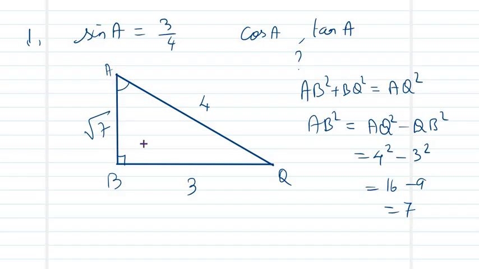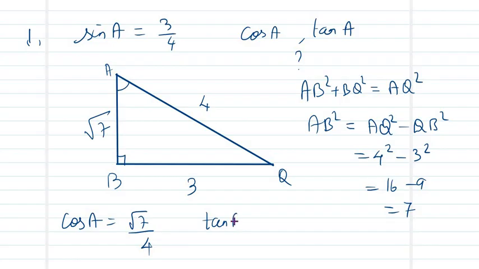Once we get the three sides of a right angle triangle, we just have to calculate the values of cos A and tan A. So what is cos A? The formula is adjacent side by hypotenuse. The adjacent side is root 7, so root 7 by the hypotenuse, which is 4. This is the value of cos A. And what about tan A?